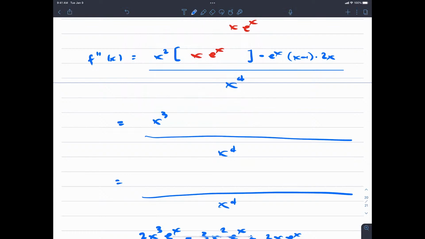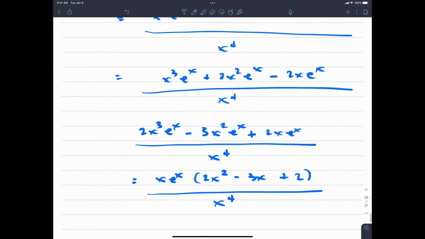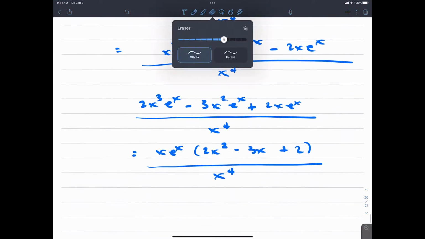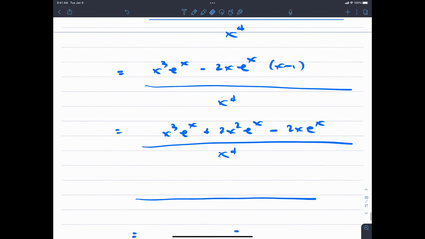All right, we got what? x cubed e to the x minus, I'll still do this, 2x e to the x, x minus 1, x cubed e to the x. That's going to now be what? Plus 2x squared e to the x minus 2x e to the x. Let's double check, and it might be plus. Is that right?